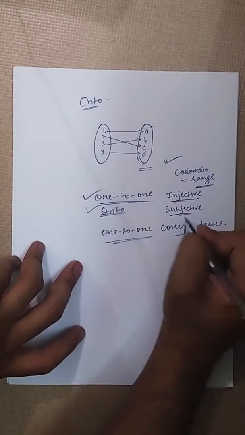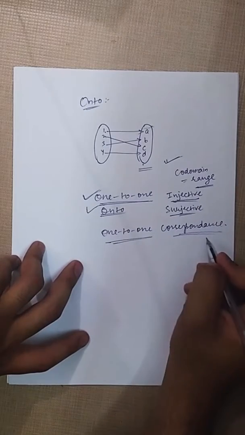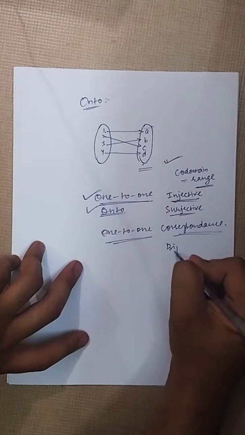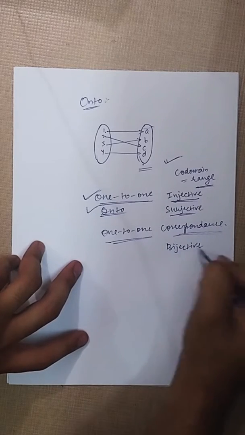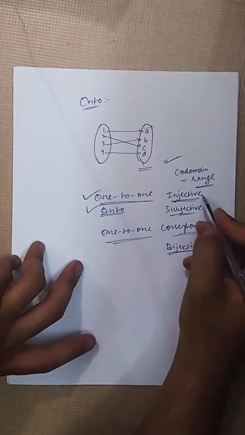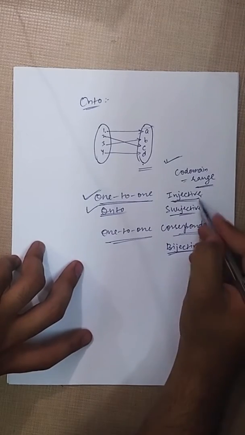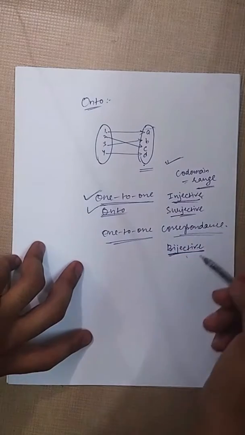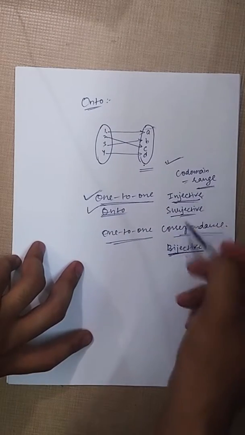And if a function is both, if it's a one-to-one correspondence, then it's called bijective. I don't know which language these words come from, but these are the standard words these terms are called by. They may look difficult, but they are easy.